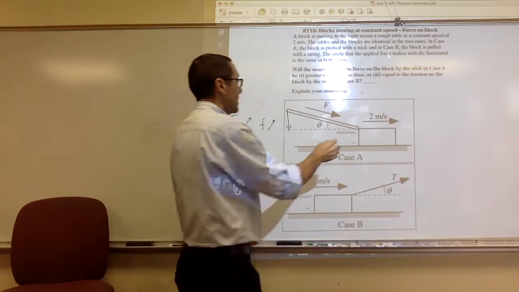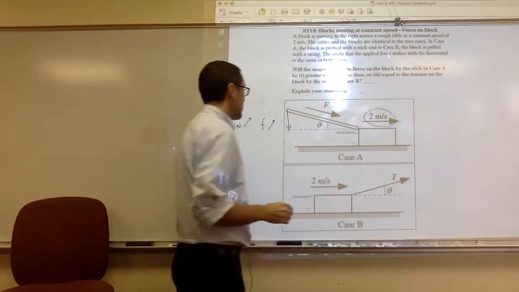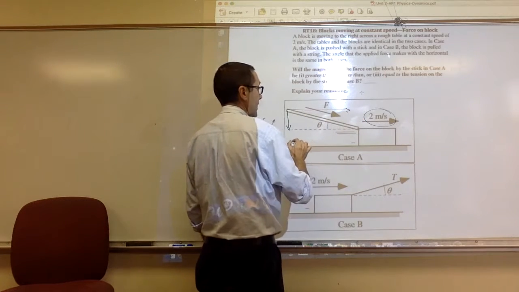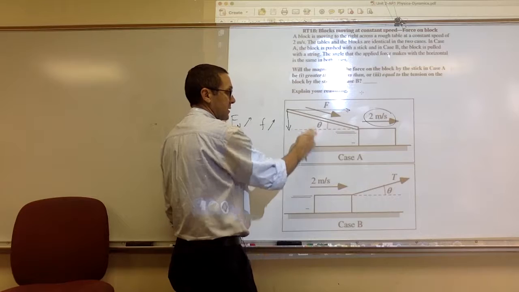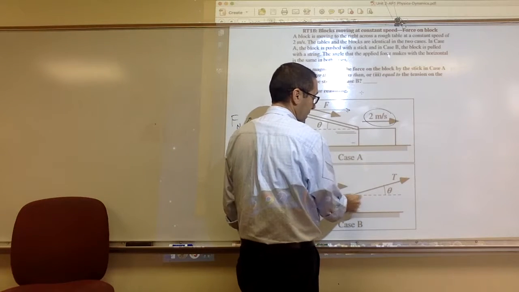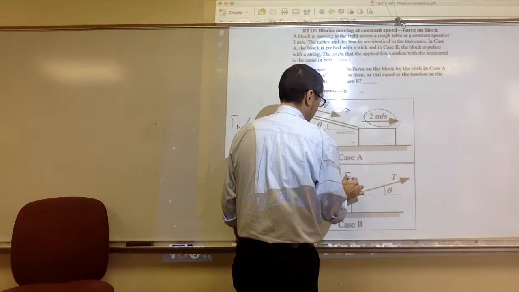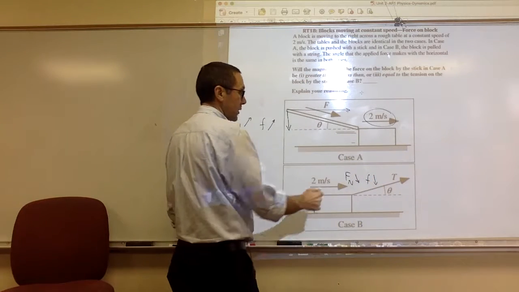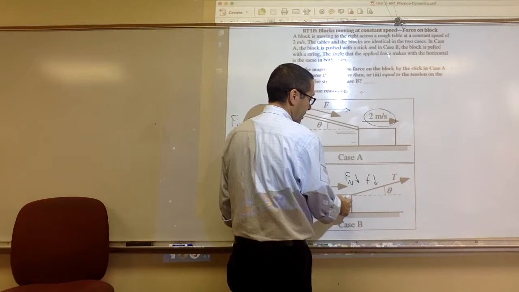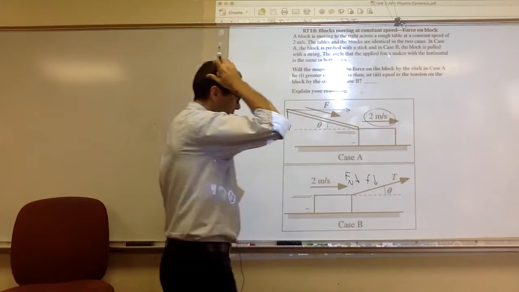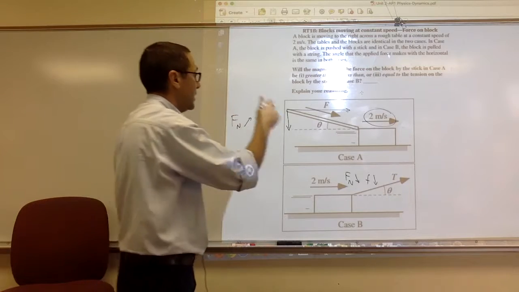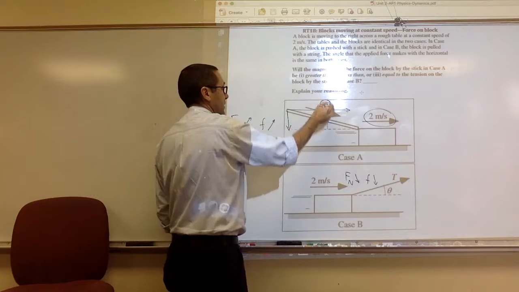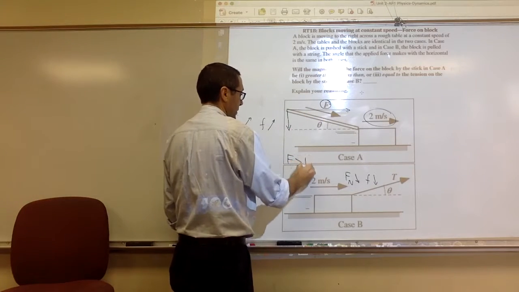And if you want to maintain a velocity of 2 meters per second, it means the x component of F has to be bigger in the first case than it is in the second case, because in the second case, your Fn goes down, which means the friction also goes down. So with the tension here, with case B, you don't need a lot of force to maintain a constant speed. Here, you need a greater force because your friction is bigger. So the F is greater than the T.